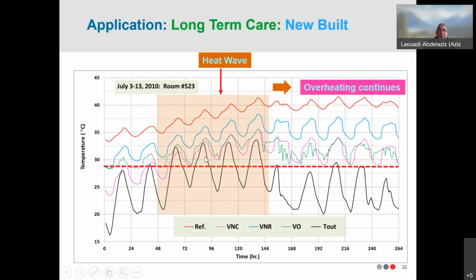And by using the strategy to ventilate the common spaces, or natural ventilation by opening windows, the peak temperature can be reduced by up to 7 degrees. It should be noted here that the overheating events will continue after the heat wave for several days. And this is very important. This period of time has to be taken into account in any evaluation of overheating.